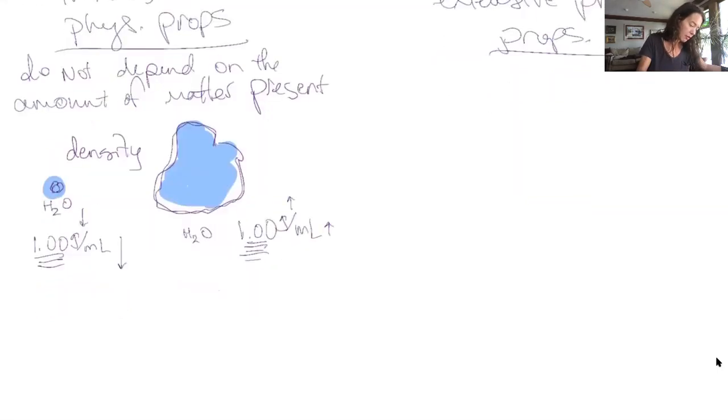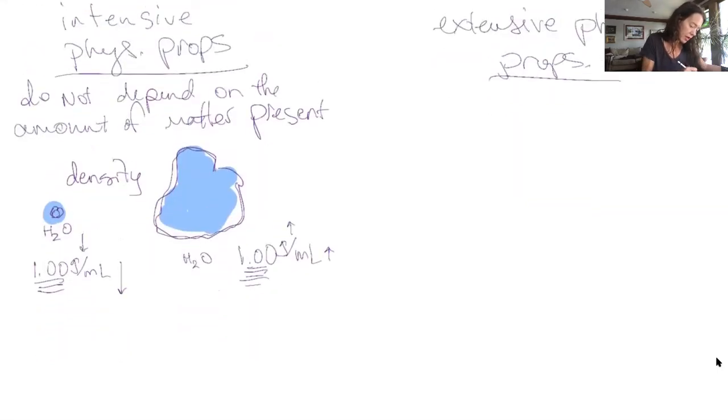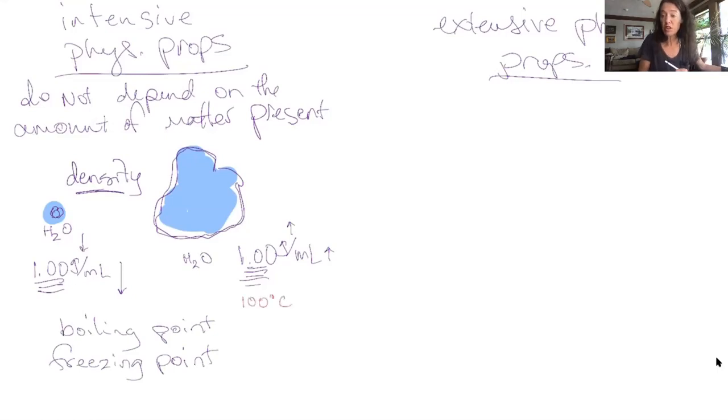Now, some other physical properties, right? So we've got density, we would say boiling point, freezing point, right? For example, this large sample of water is going to boil at 100 degrees Celsius. That's when it's going to boil.